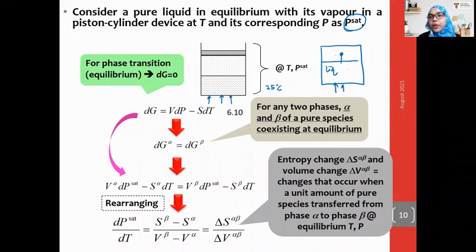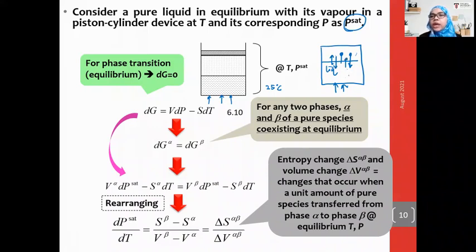At the same time, because of the pressure inside the container, the vapor will turn back to liquid, and this occurs simultaneously.